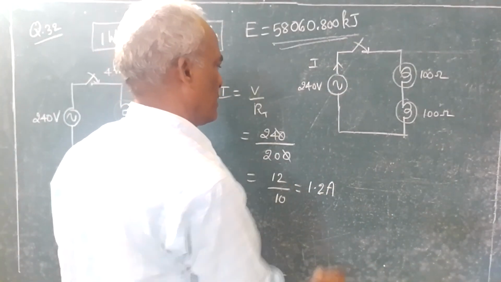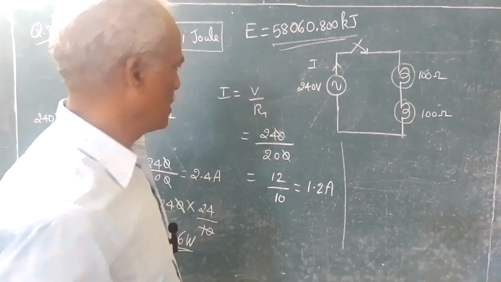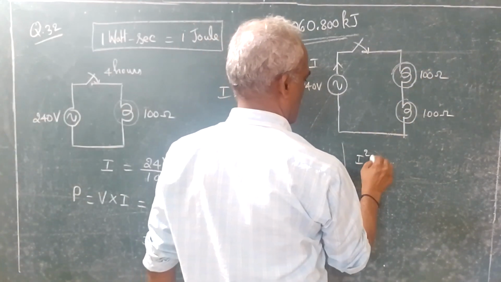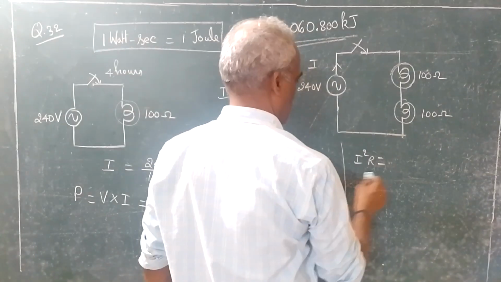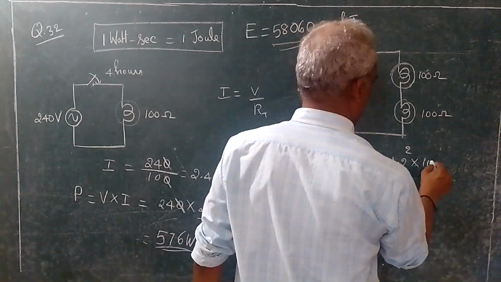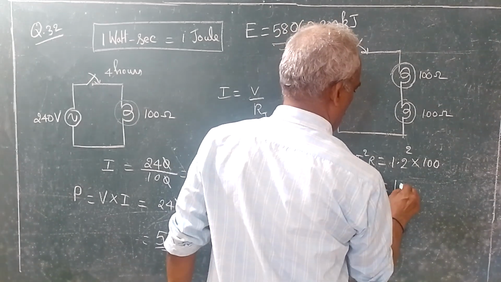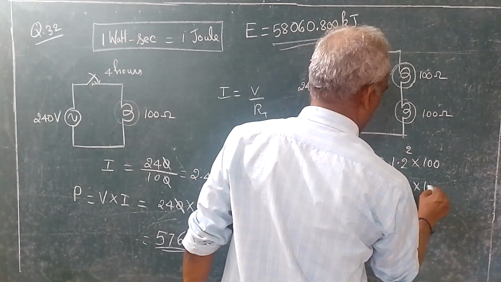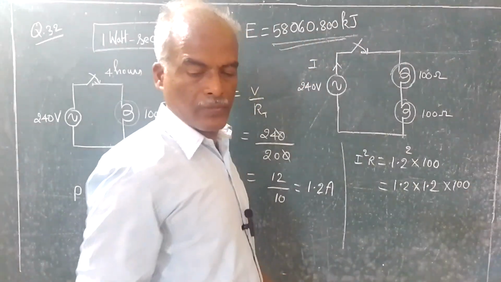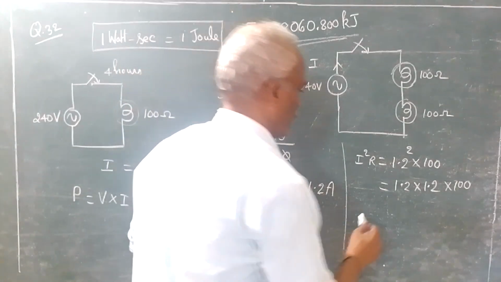Now the individual power also you can calculate, I square R. I want the power for this bulb, which is I square R. I is 1.2 squared multiplied by 100. That is 1.2 into 1.2 into 100. 12 square is 144.